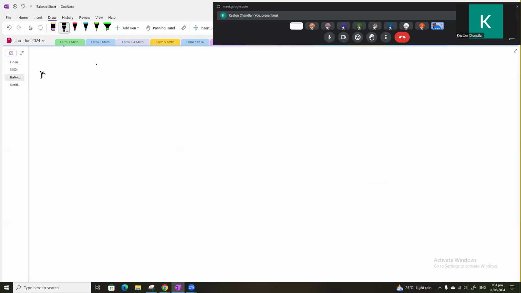So workings, we have provision for depreciation for the building, and this is a balance sheet figure, right? Our balance sheet figure is going to comprise of two things.